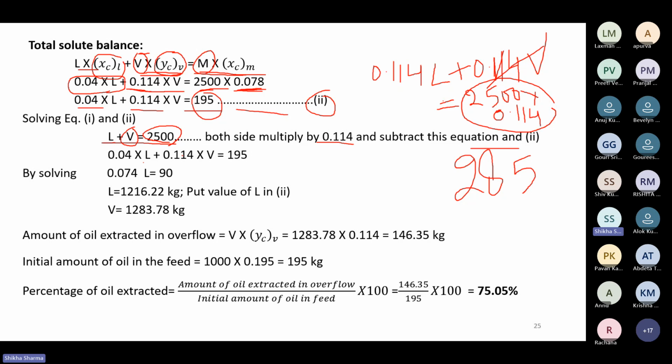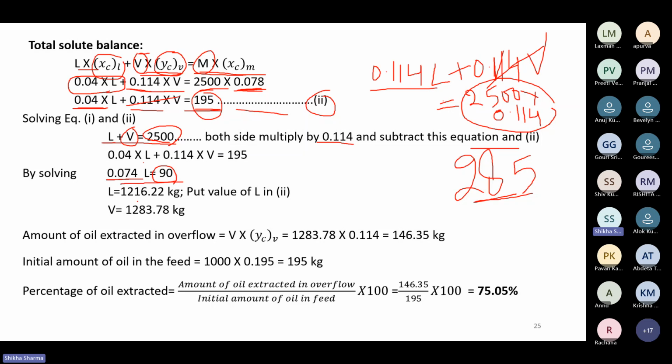The 0.114 V will cancel out, right? So it will be 0.114 L minus 0.04 L, which is 0.074 L, equals 195 minus 285, which is 90 in magnitude. So 0.074 L equals 90. This is the simplified form.